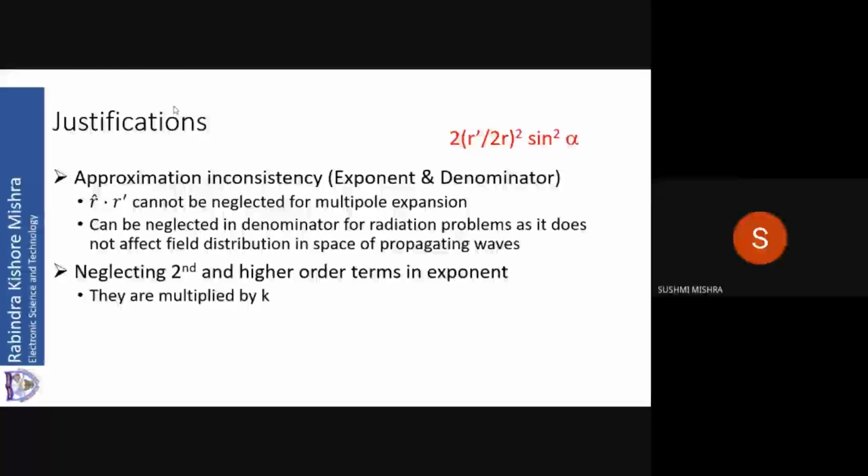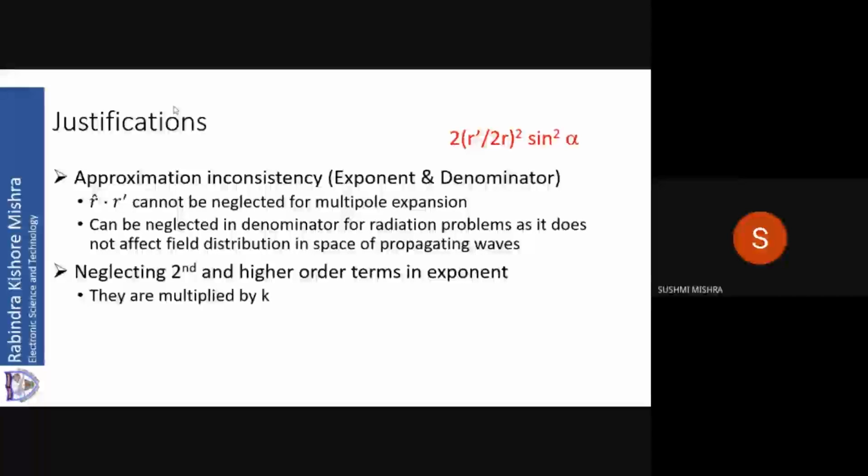Now this term, r dash square upon 2r square sine square alpha, clearly is a function of theta and phi. So how can we neglect this in the exponent term?